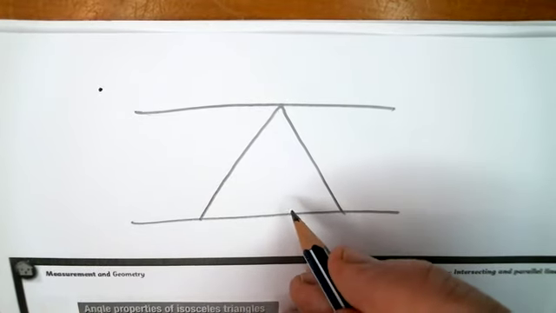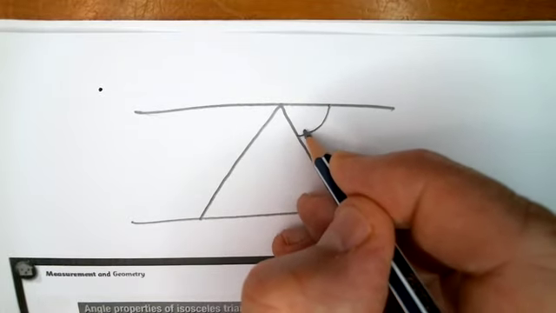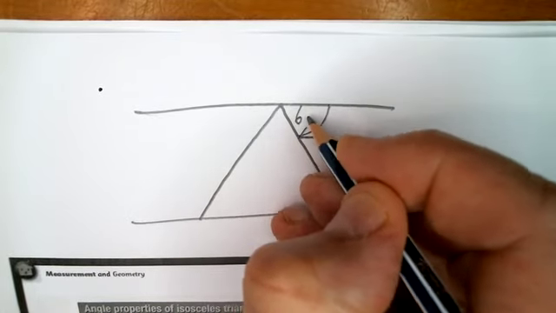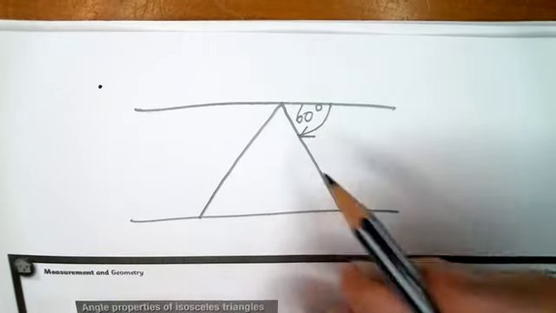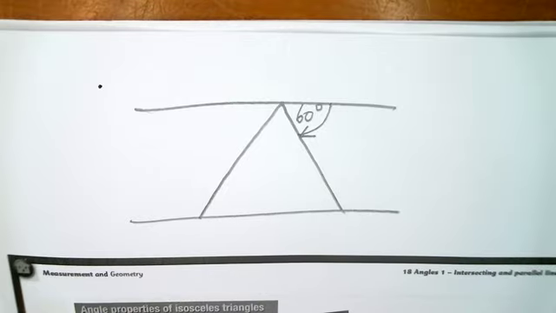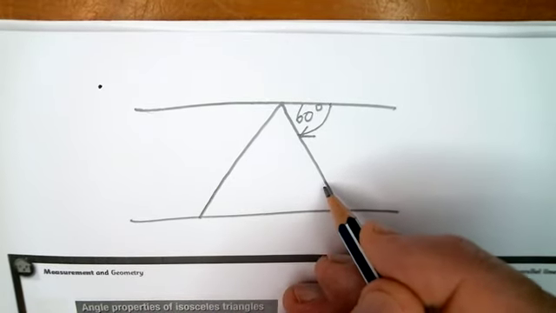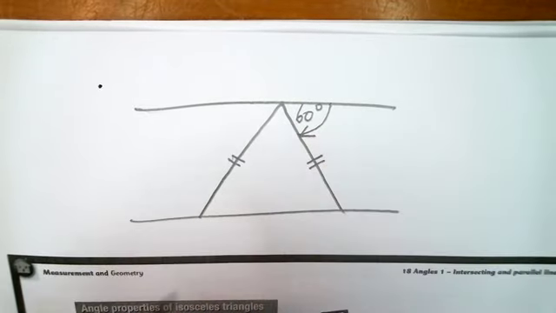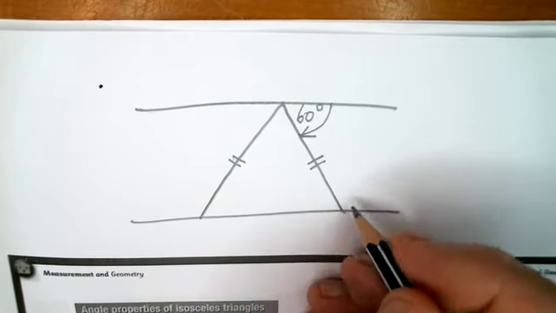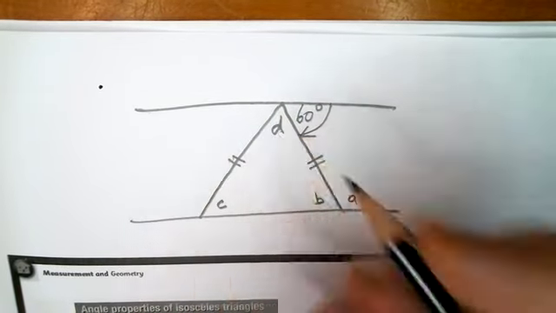Let's say they make this angle 60, for example, and they say, let's find some of the other angles in the triangle. Let's say these are equal, just for example. Find angle A, B, C, and D.